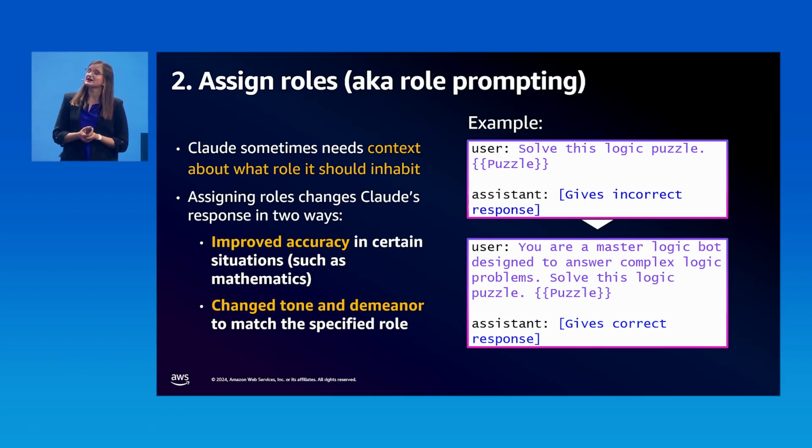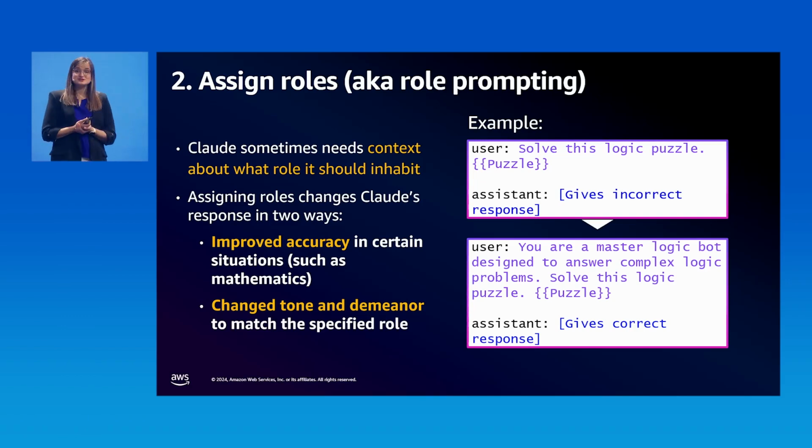And on the right-hand side of the slide, you can see the example of a puzzle that without any additional role is likely to be solved in a wrong way. However, the simple trick of saying you are a master solver of all puzzles in the world can help to improve the accuracy.